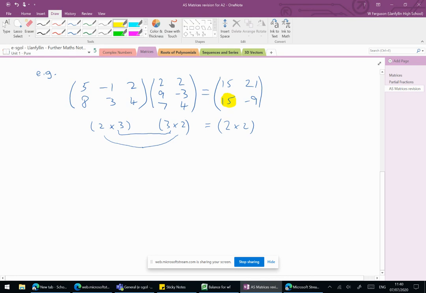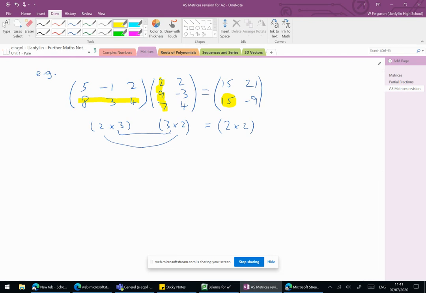So it must have come from the second row of the first matrix there, and it must have come from the first column of the second matrix here. So 2 from here, 1 from there, producing the 2 and 1 position, second row, first column.